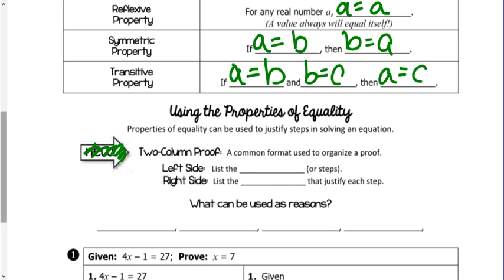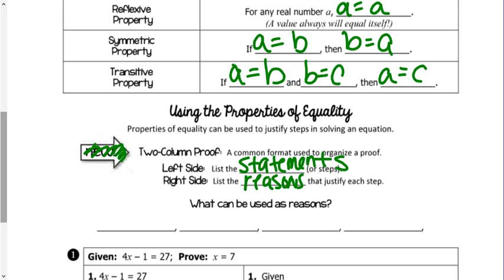On the left side of the two-column proof, we list the statements, which are basically the steps you're using to solve the equation. On the right side of the two-column proof, we list the reasons why those steps work.